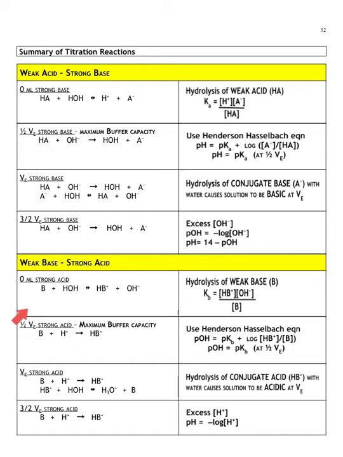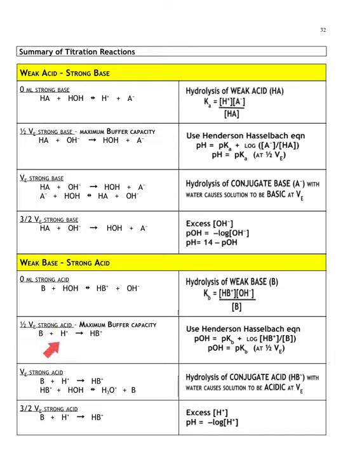Now, when you are looking at a weak base strong acid titration, you run it through the same way. Now you have no strong acid added, sorry, and so all you have is the hydrolysis of a weak base, and so you're using Kb. As you add more acid, you're going to notice that there's a neutralization.